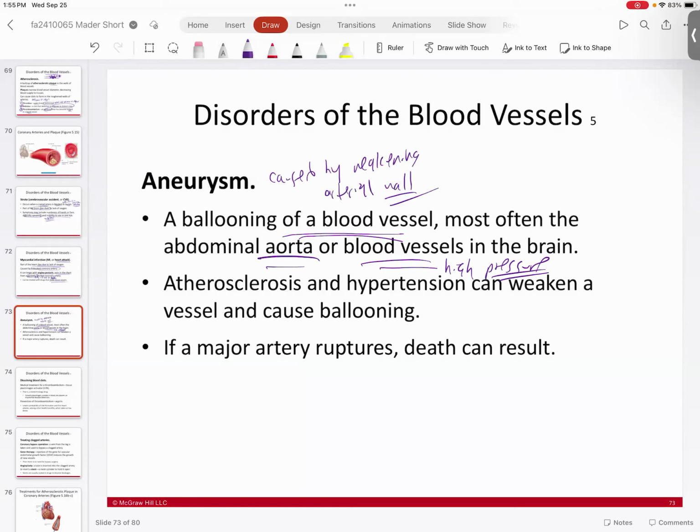If you have a weakening arterial wall, those pressures are going to hit that weak spot, and it's going to start to bulge out and balloon out.